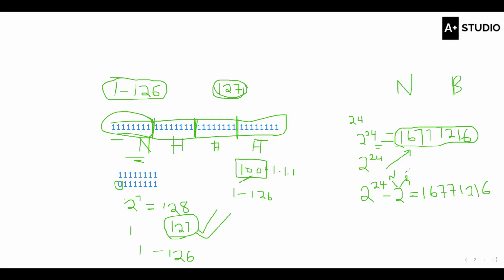Differentiate between host address and usable host. The host count is the total number of hosts that a class A network address can support, which is 16,771,216 hosts.